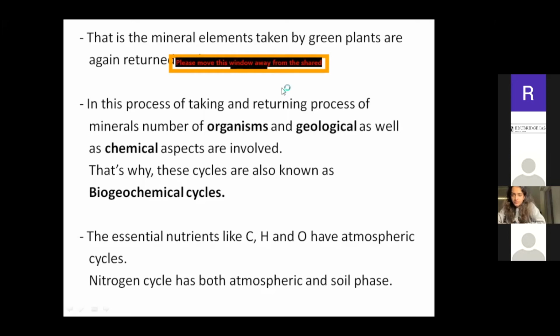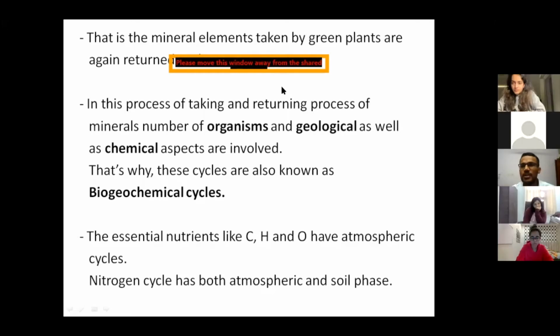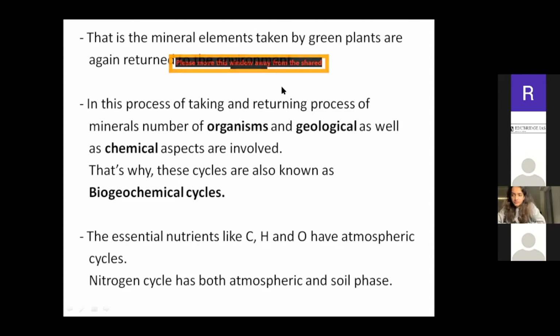And that's why these sedimentary cycles, or the cycles associated with phosphorus and sulfur, are called imperfect cycles. Why? Because the part of these nutrients is not made available to the biotic components.